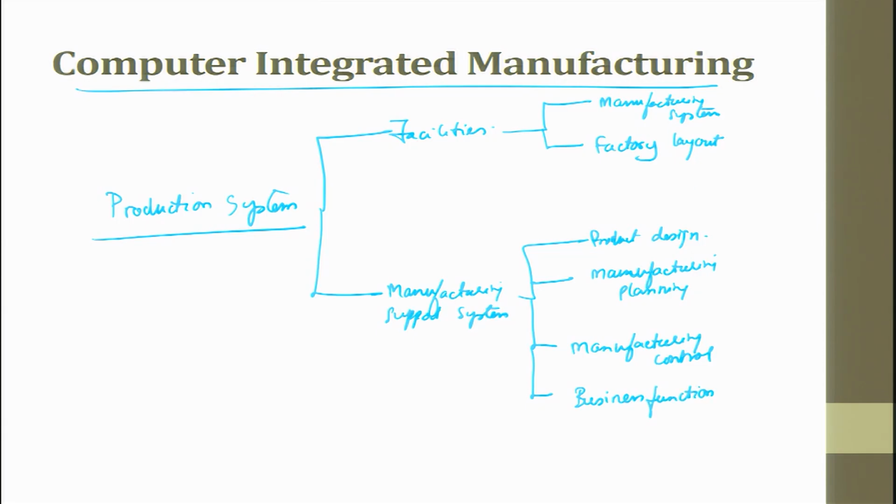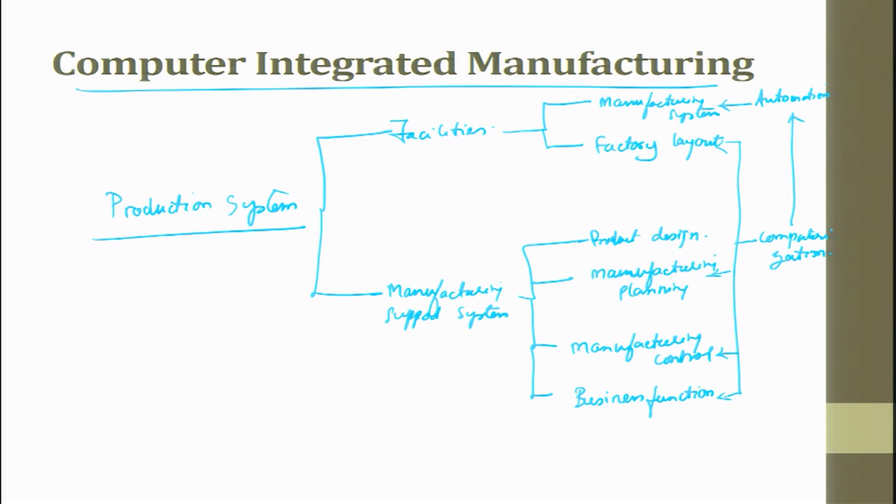Okay. So, if you look at it, all these things involve computerization, and the manufacturing system is more of automation, and computer and automation are also controlled.